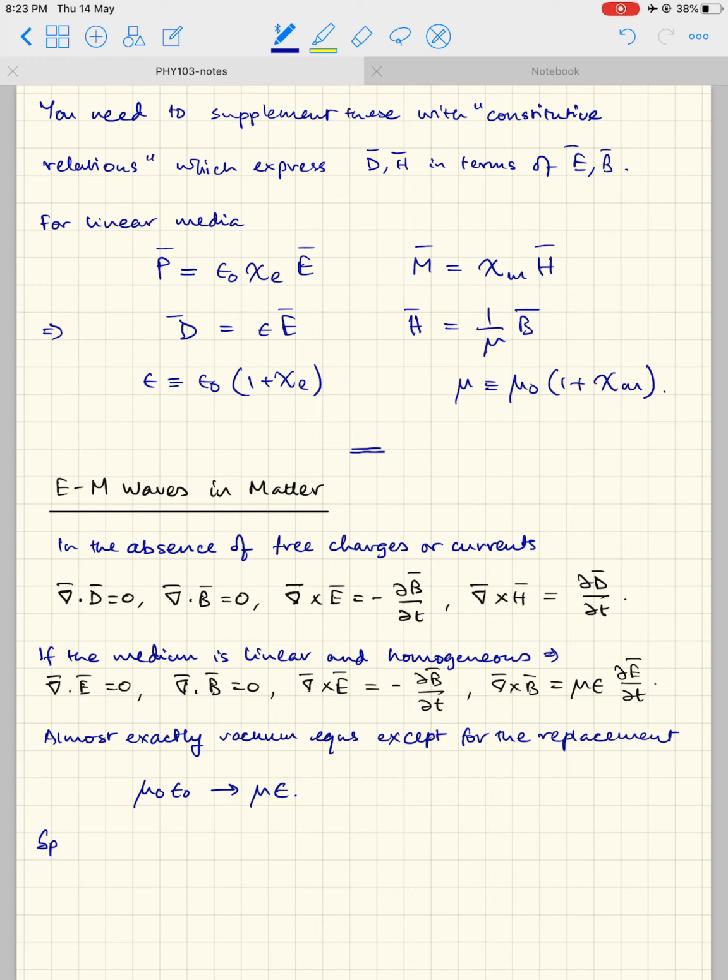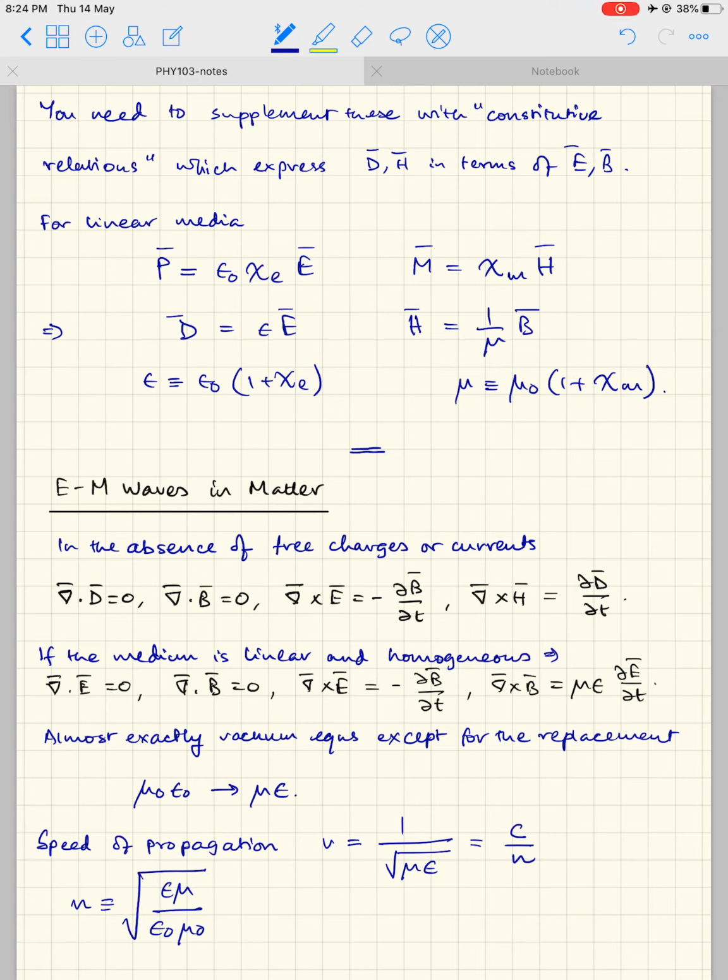So the speed of propagation v is going to be 1 over root mu epsilon, which is c by n, where n is the root of mu epsilon over mu naught epsilon naught.